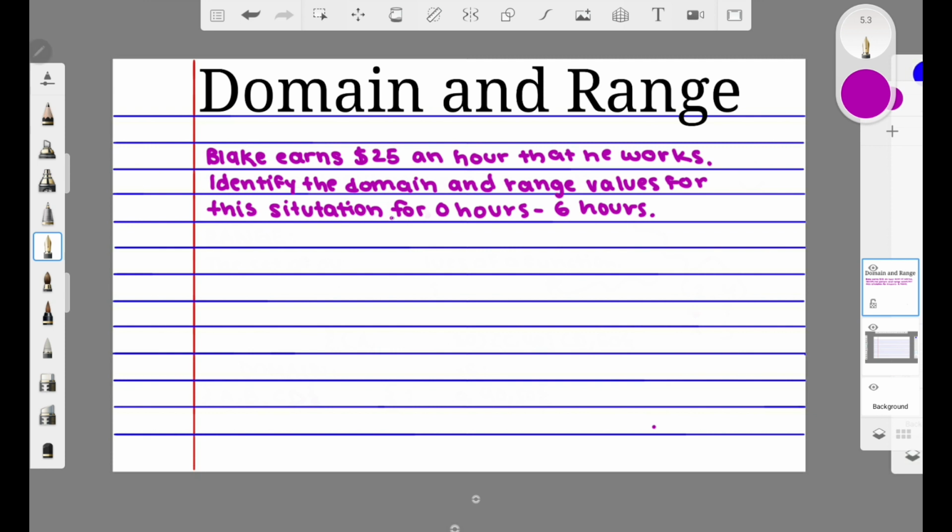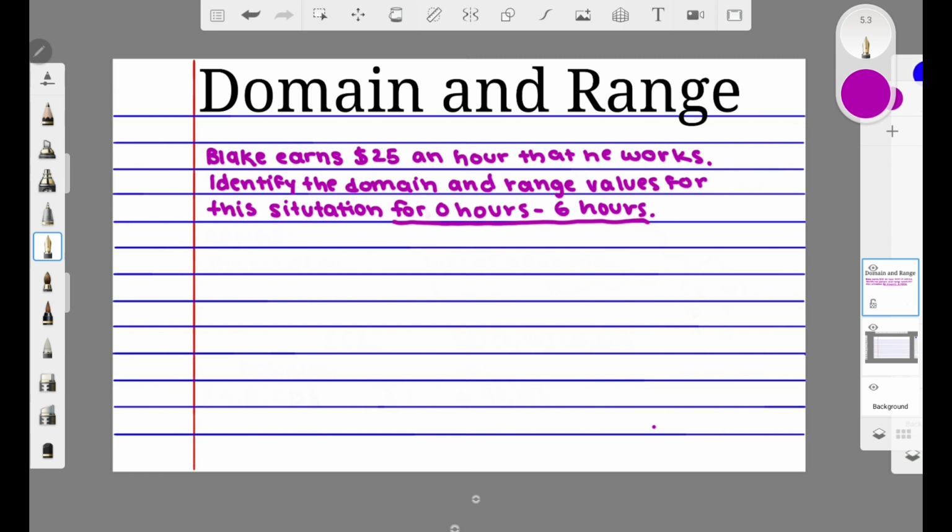If we had just cut this part out, then this situation would lead to an infinite number of ordered pairs because there's no limit on how many hours that Blake can work. So that would make it a little bit more difficult to express all of the values of the domain and the range. So that's why I added this specific limit.